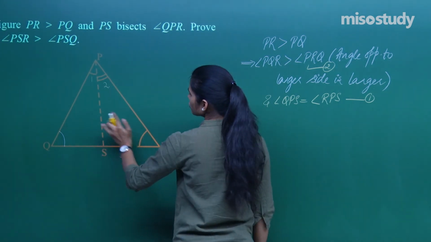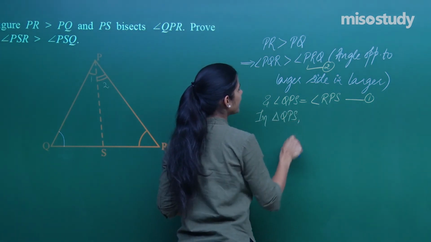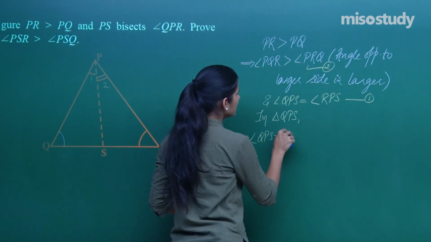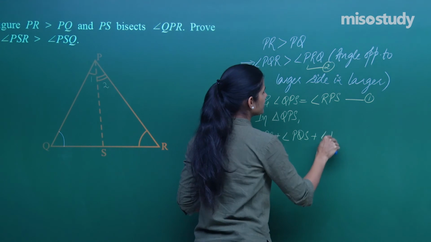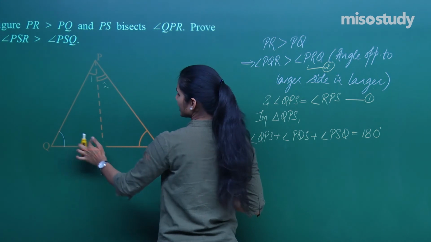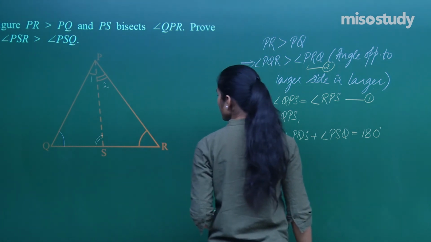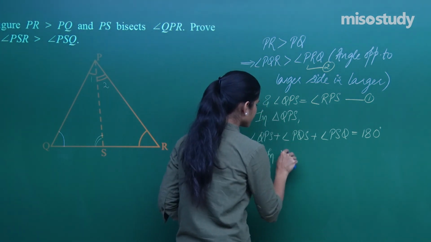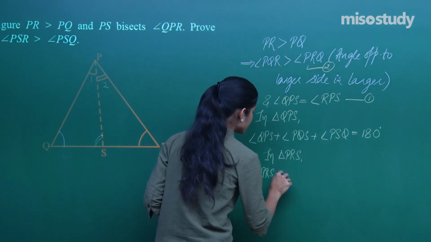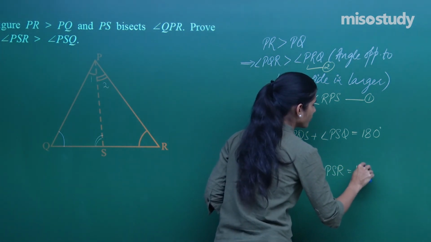Now focus upon these two triangles, triangle QPS. In triangle QPS, I know by angle sum property, sum of the three angles is 180. So I have angle QPS plus angle PQS plus angle PSQ is 180. In this triangle PRS, again sum of the three angles is 180, so you have angle PRS plus angle RPS plus angle PSR is 180.